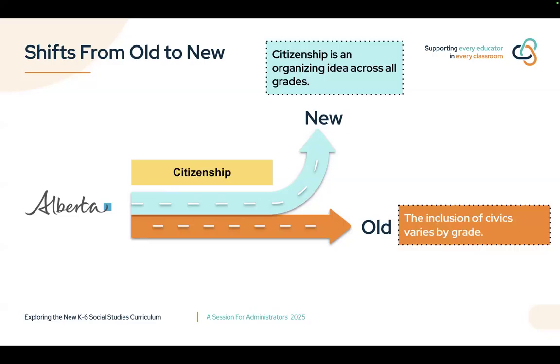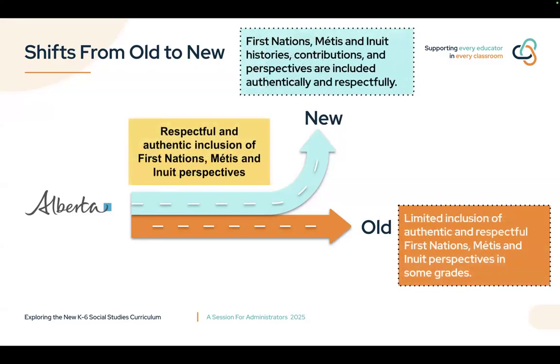New is a real stronger emphasis on citizenship, and that emphasis is across the grades, and we'll see it's its own organizing idea. In the old curriculum, it was just brought up in civics in just certain grades and not all grades. So that's another new shift from the old to the new. In the past, in the old curriculum, there were limited inclusions of First Nation, Métis, and Inuit perspectives, and in not all the grades.